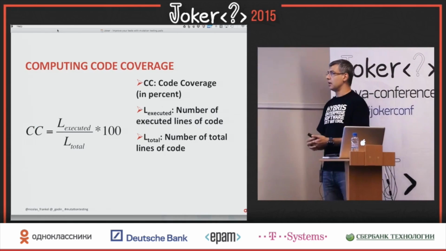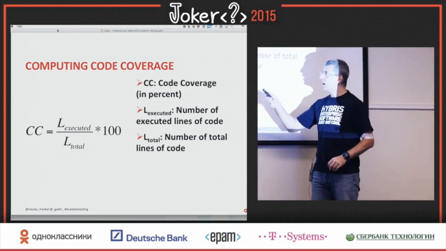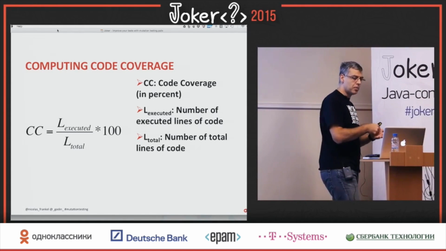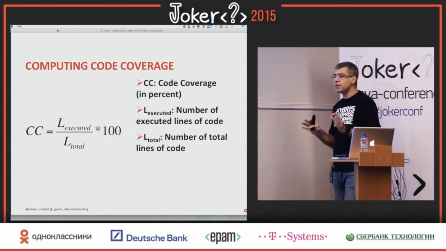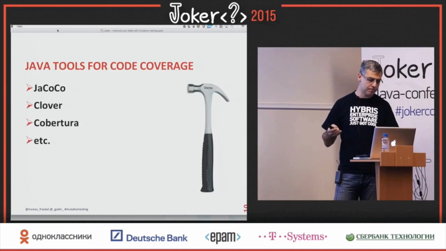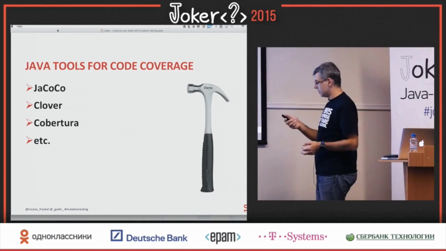And then even me, I'm not a mathematician, I count the number of executed lines, and I divide by the number of total lines, and I multiply by 100, and it gives me a very simple metric, percentage of code coverage.